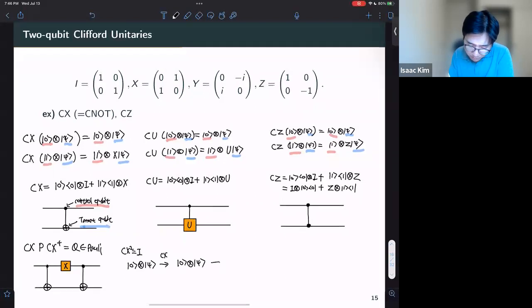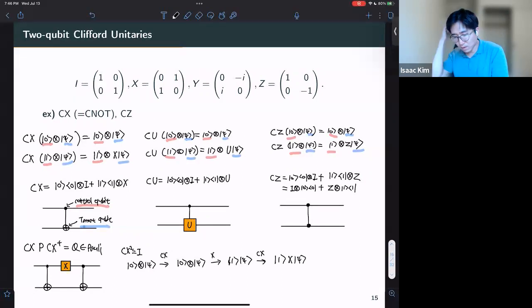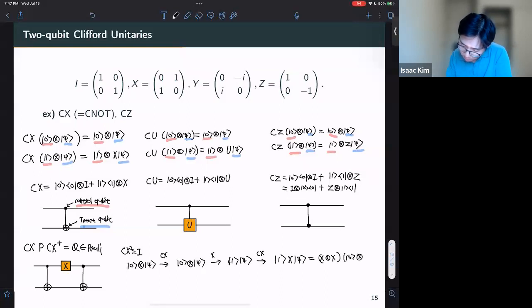Nothing happens. Then I apply X. I get 1 psi. And then I apply Cx. Then I get this state, which can be thought of as X tensor X applied to this state, right?